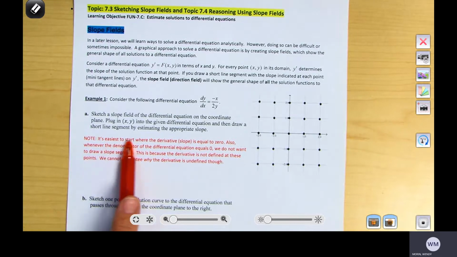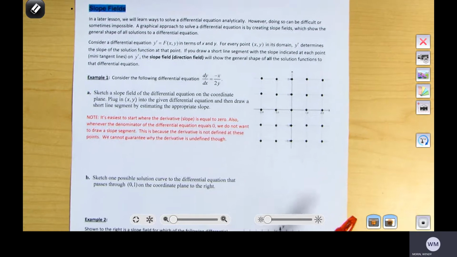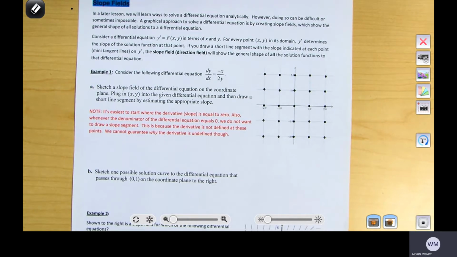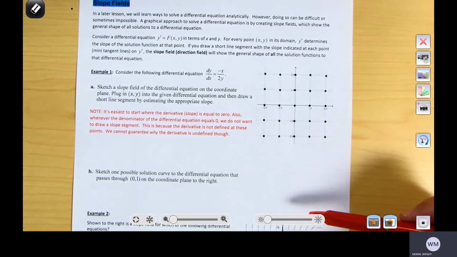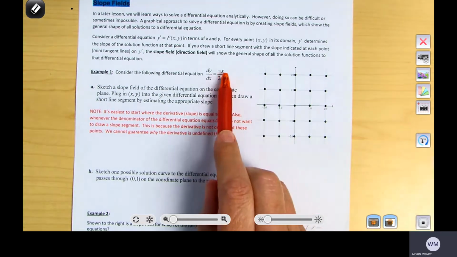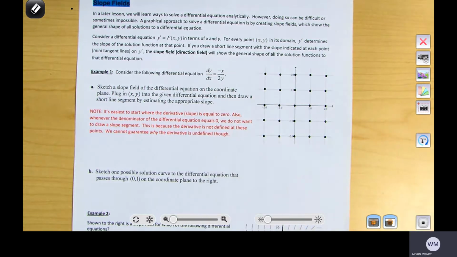It's easiest to start where the first derivative is equal to 0. So where is our first derivative going to be equal to 0? Our first derivative is going to be equal to 0 when x is equal to 0. So I'm going to put some mini tangent lines at x equals 0.